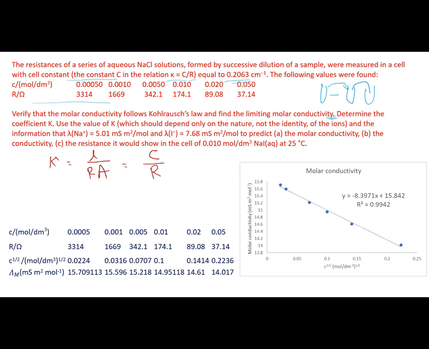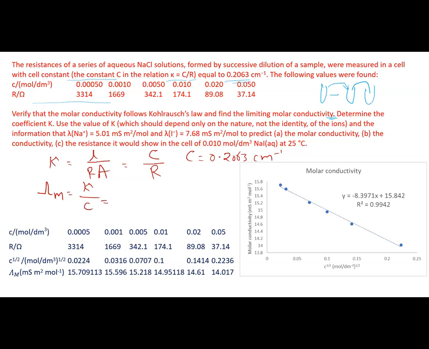The cell constant depends upon the type of the electrochemical cell that we use. And here in this case, C is equal to 0.2063 centimeter inverse. We all know that the molar conductivity is related to conductivity as kappa over c.